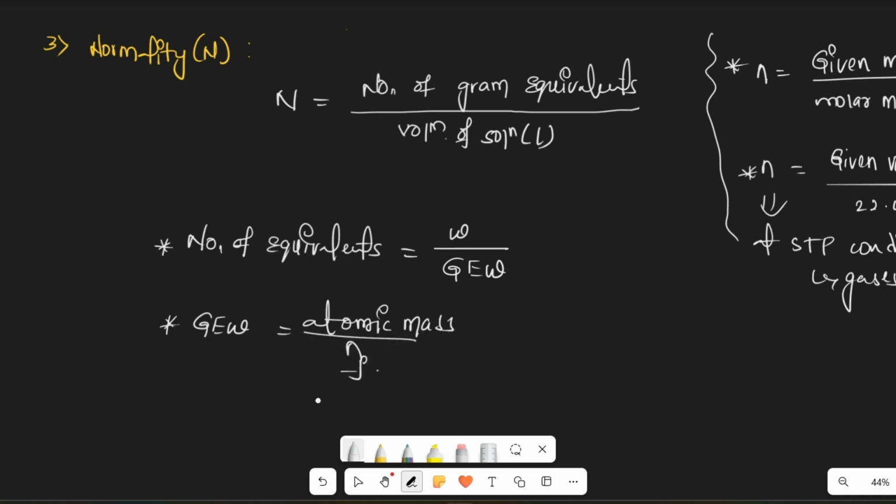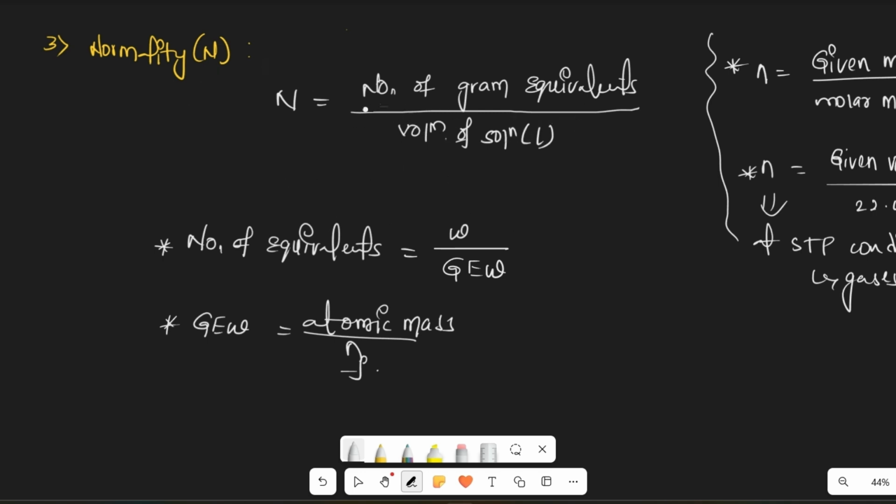The n factor is different for acids and bases, right? It is the number of H plus ions in acids, number of OH minus ions in bases, and the charge. I'll explain the n factor in a separate video. So this is the way you can follow: whenever they give normality in the question, just try to correlate with this.